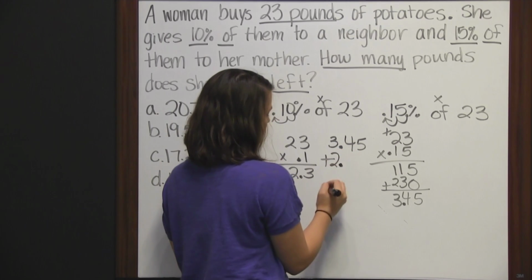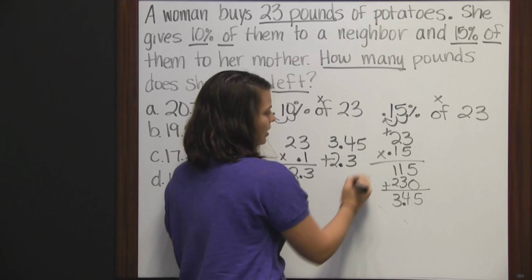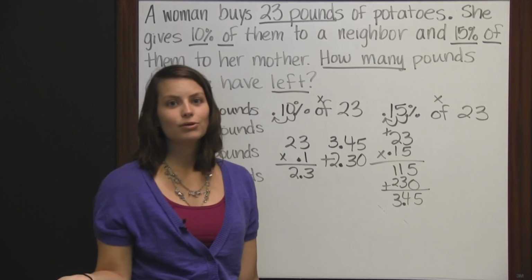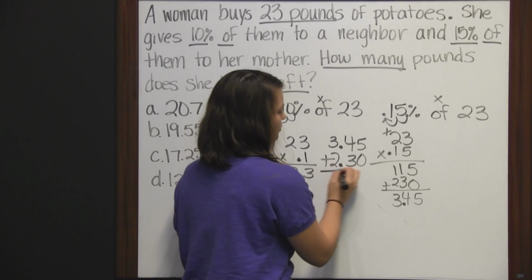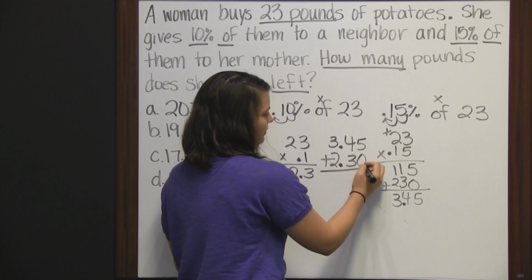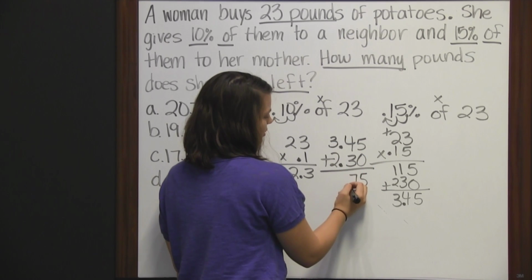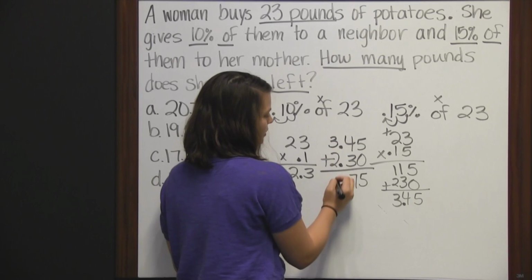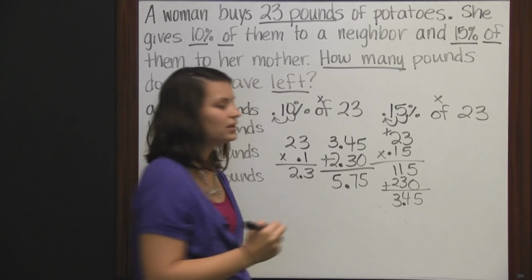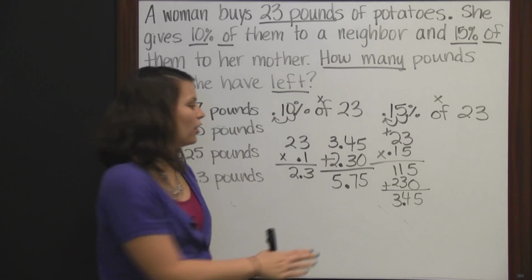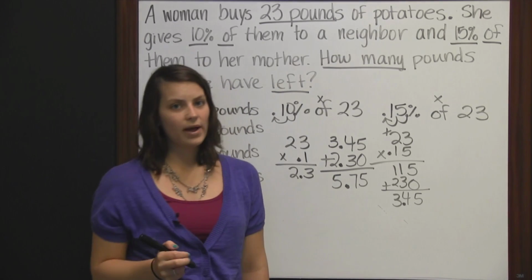So that's 2 3/10. And then you can fill in with as many zeros as needed after the decimal. 5 and 0 is 5. 4 plus 3 is 7. Bring down that decimal. 3 plus 2 is 5. So now we know the total amount that she gave away.